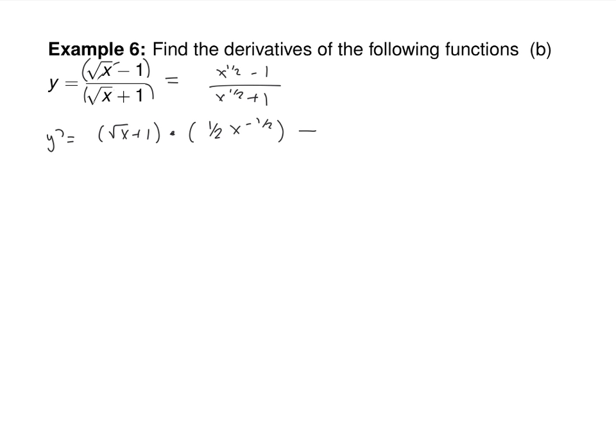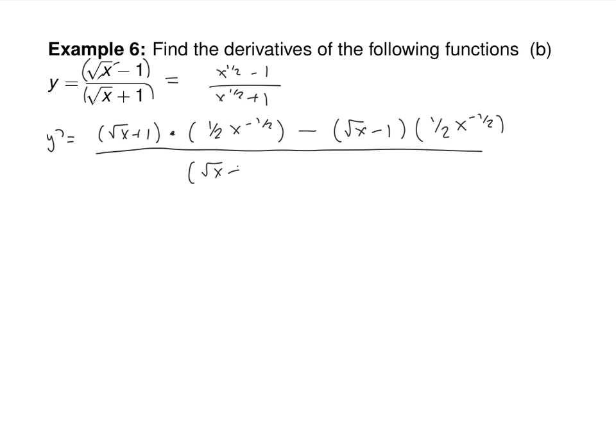So low d high minus high d low, which is the same thing, right? All over low squared.